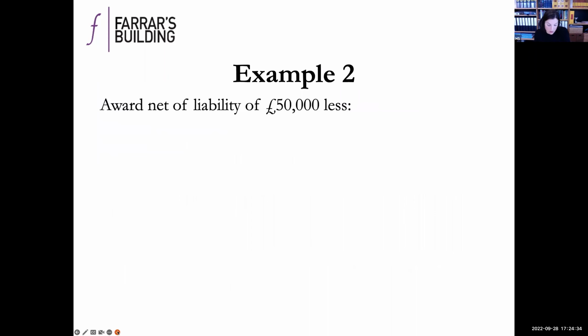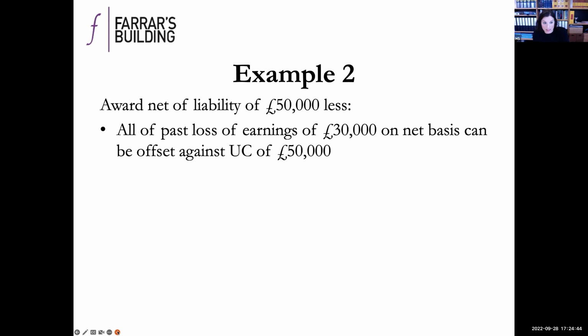The award net of liability, so the 20 plus 60 plus 20 is 100, divided by 2, you get 50,000 net of liability, less the whole of the past loss of earnings claim of 30,000 on a net basis. The universal credit just wipes that out.